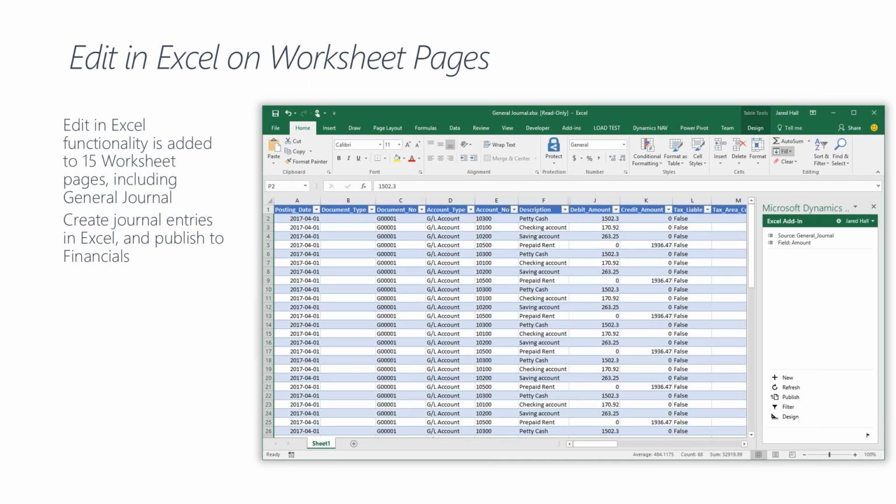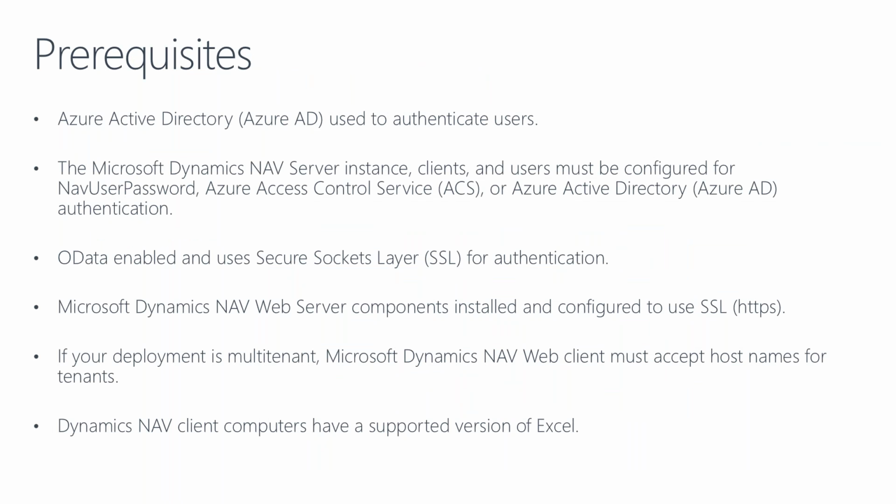Now, this also demands that I have a number of prerequisites here, that we have an active Azure directory account. We have a Dynamics NAV server instance that is configured for a NAV user password. Or any of the other.